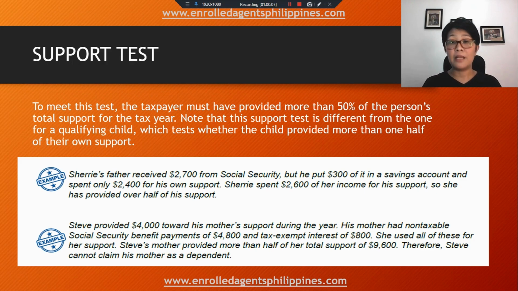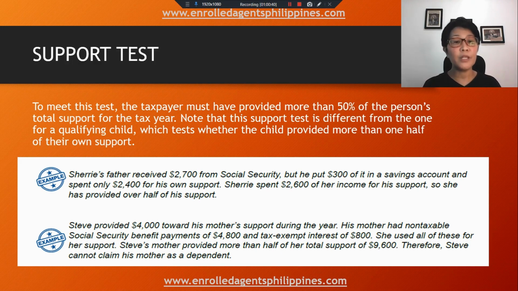Ang ginamit lang niya is 2,400. Yung 300 sinave niya. Eh, ang ginastos ni Sherry, 2,600. So, 2,600, mas malaki sa 2,400. So, more than 50% yung shoulder ni Sherry. Therefore, pwede niyang i-claim yung tatay niya as a qualifying relative.